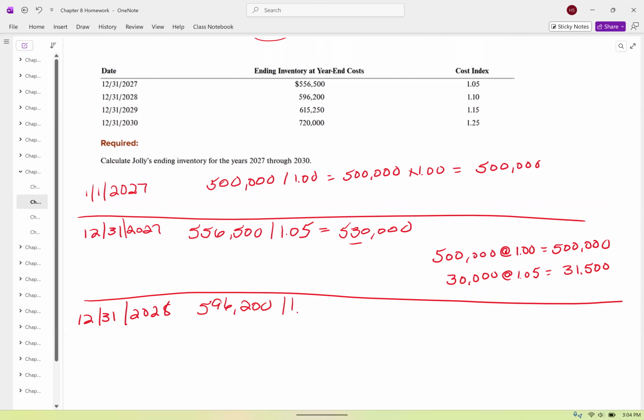We're going to divide that by 1.10, which gives us base year dollars of 542,000. Well, we know we have our layer of 500,000, and these two numbers right here have to total that number.